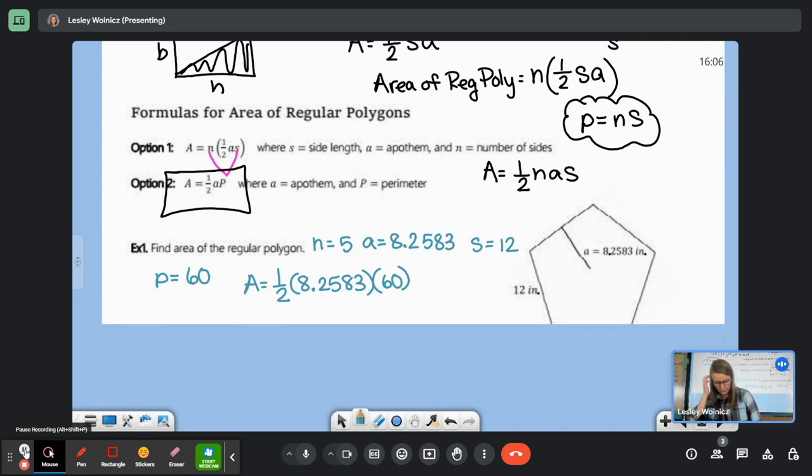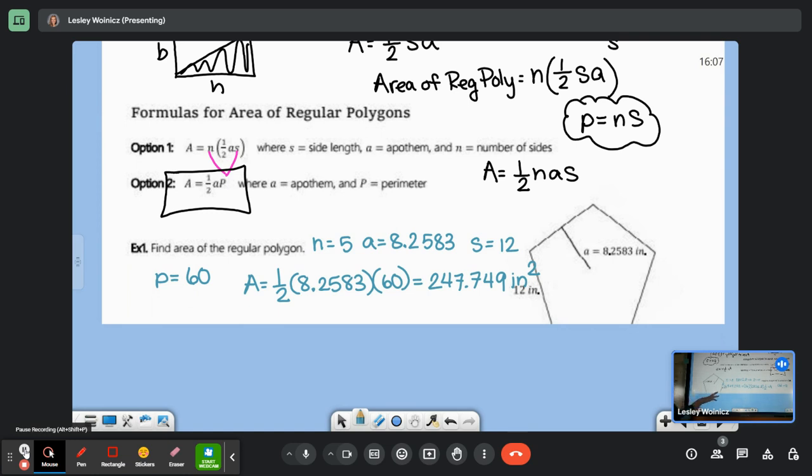Let's do the thousandths. Okay, did you get this? Perfect. All right, make sure you put it in square units because area is 2D, not linear. Okay. Easy enough, right?